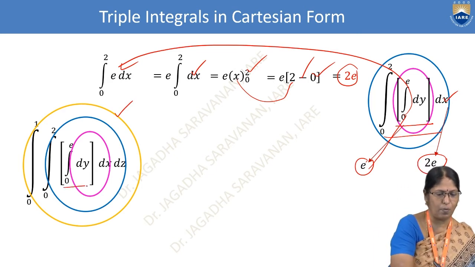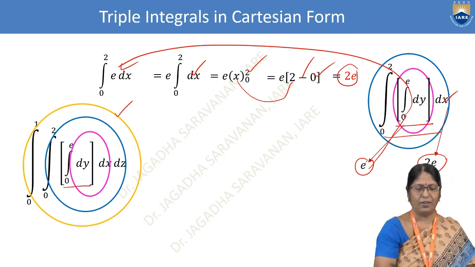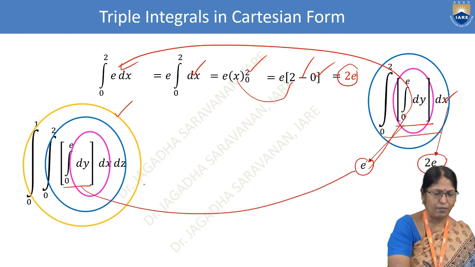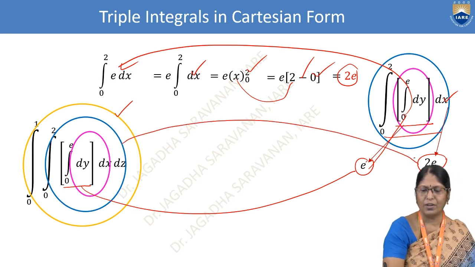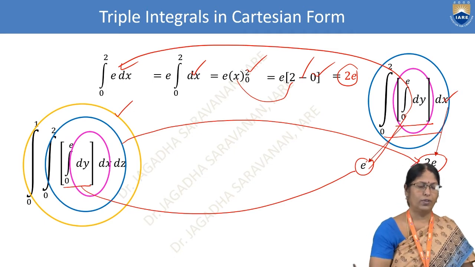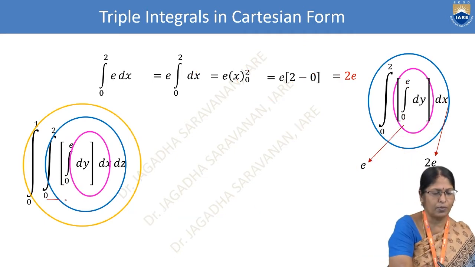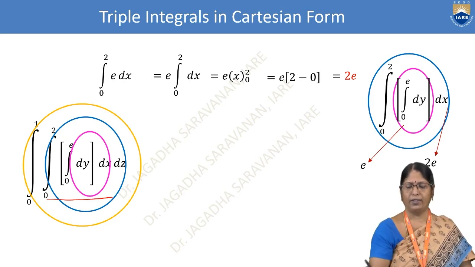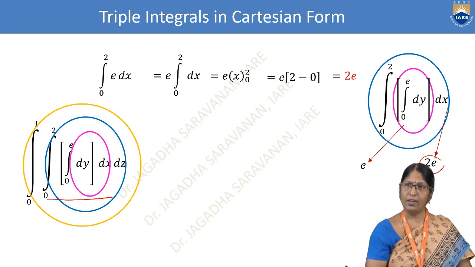So this job we completed. We got our e, and we substituted here. The second one we focused on, we got 2e. Now up to inner and middle, both together we got this. This is the result.